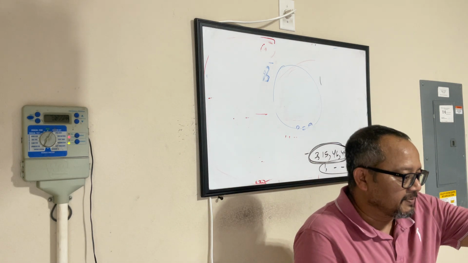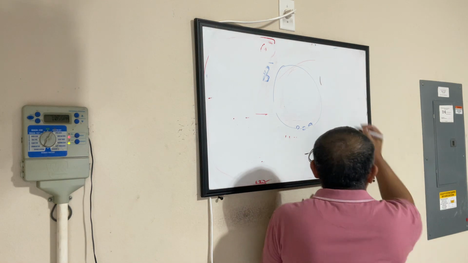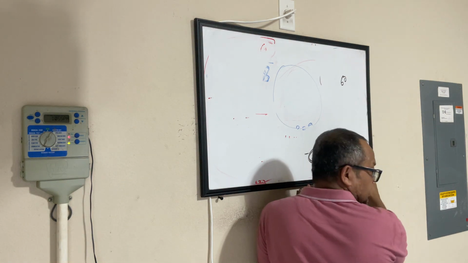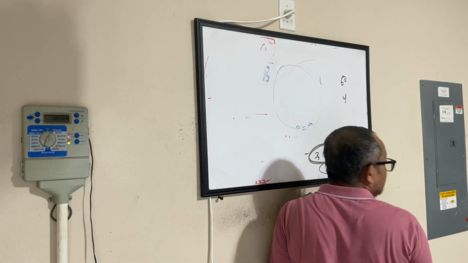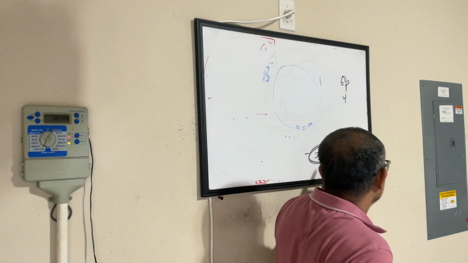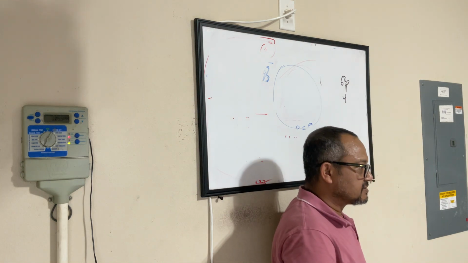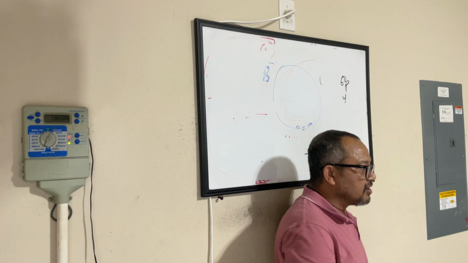Okay, let me help you guys recall it. If I have 60 numbers to pick from, and I have to pick 4 numbers, we are not really worried about the order right now.